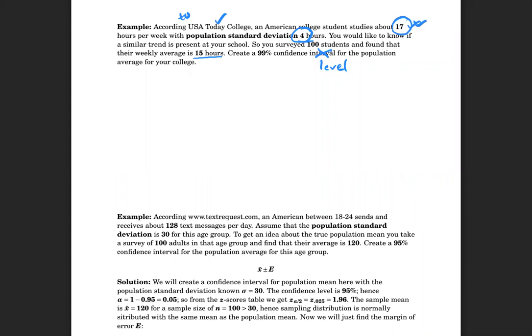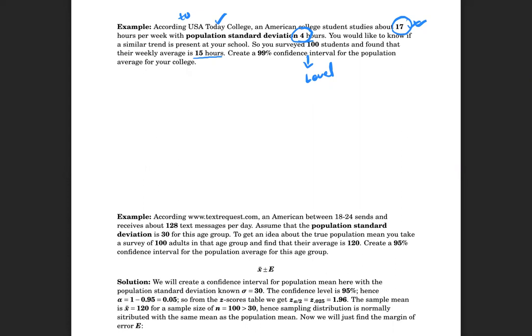Create a confidence interval at 99% confidence level for the population average for your college. Sorry, I take it back, I didn't read the sentence carefully. This is correct.